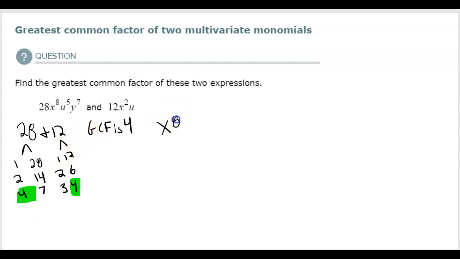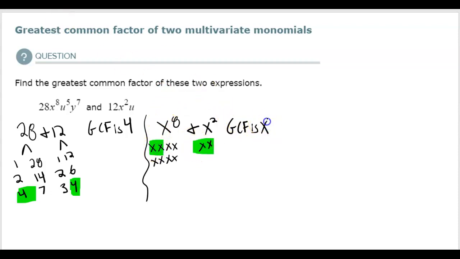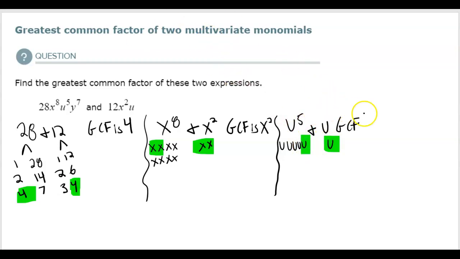From our x to the 8 and x squared, the greatest common factor: I have 8, and I have 2 x squared, so the greatest they'll have in common is just 2 of them. u to the 5th and u, the greatest they'll have in common is just 1 u.